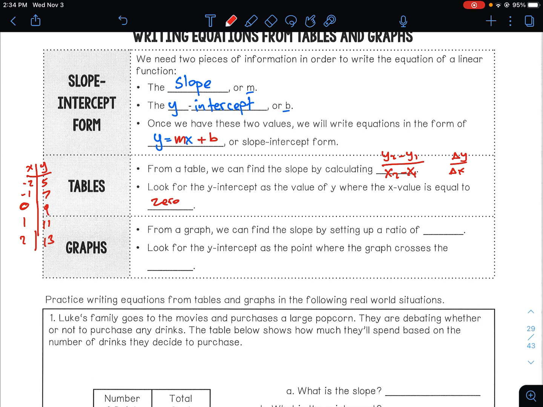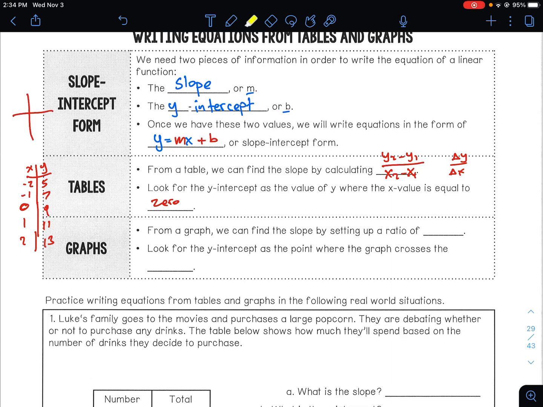What is the y-intercept here? The y-intercept is like a starting point, where x is 0. On a graph, it would be where x is 0, which is the y-axis. So our y-intercept, our b, is that number right there. It's 0, 9, or just the 9. So it's the y value.